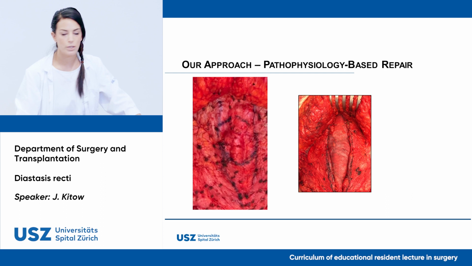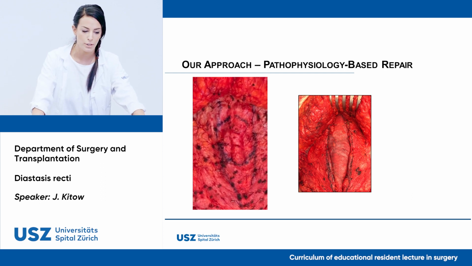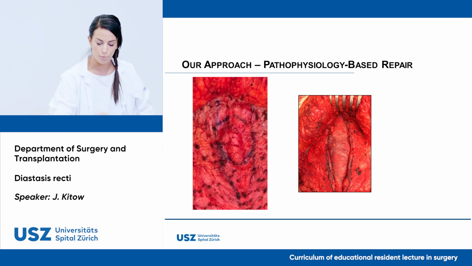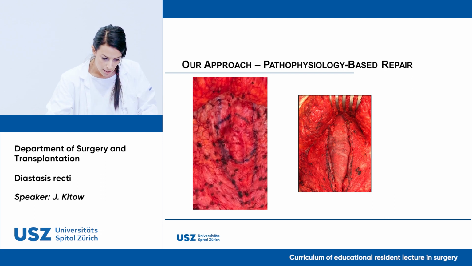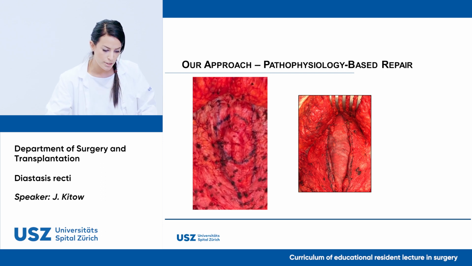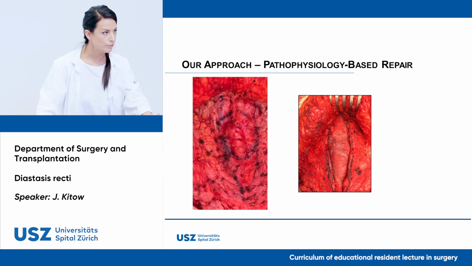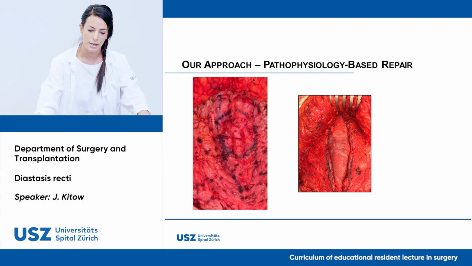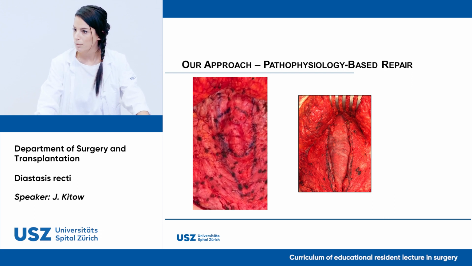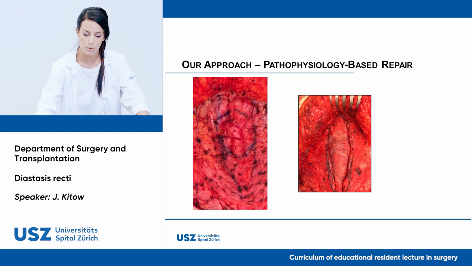Yes. What you see here is that her linea alba was so thin that you can see bowel movement just beyond it. Here's rectus muscle 1, rectus muscle 2, and the linea alba in between. Afterwards, we prepared the dorsal rectus sheath away from the peritoneum and placed the mesh in between.